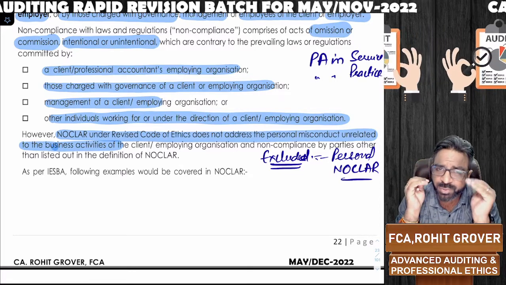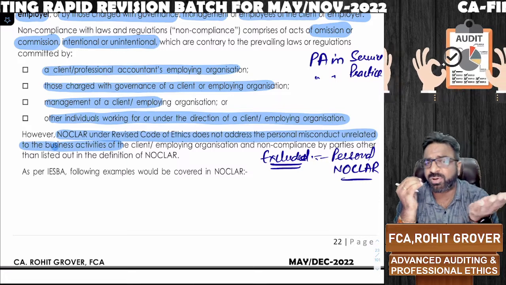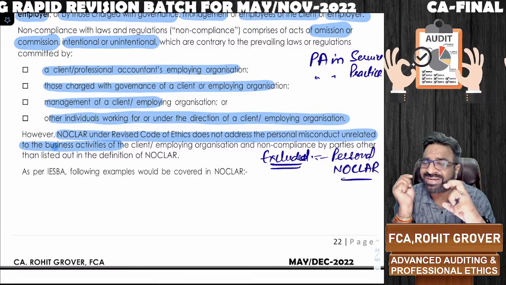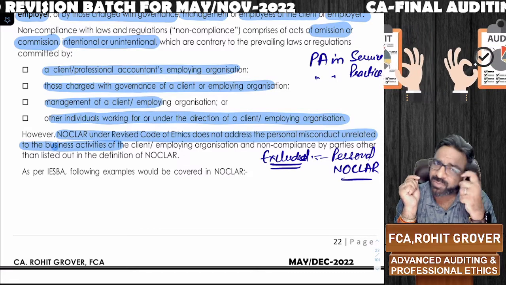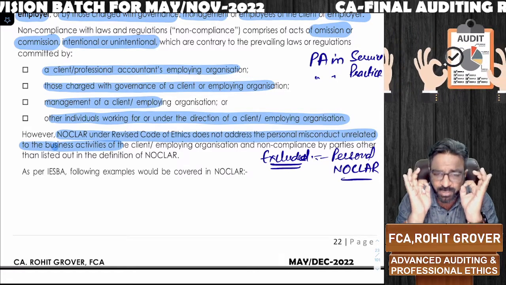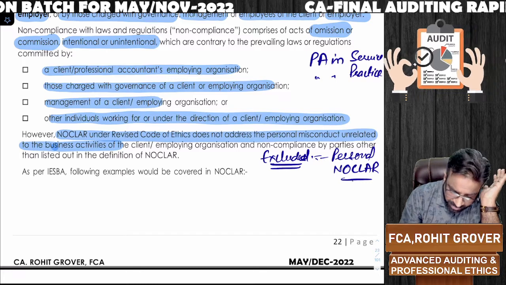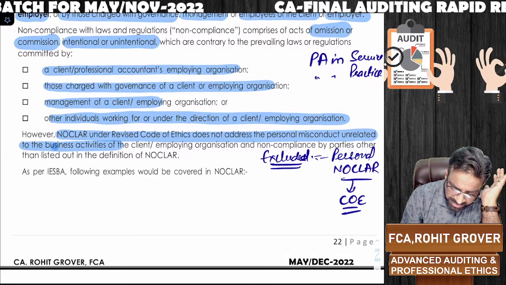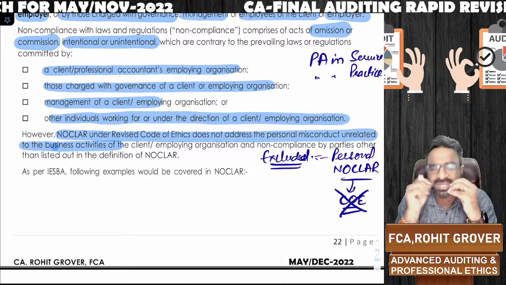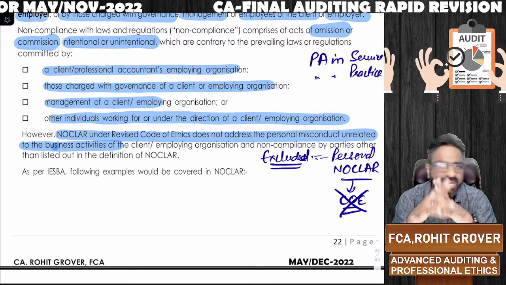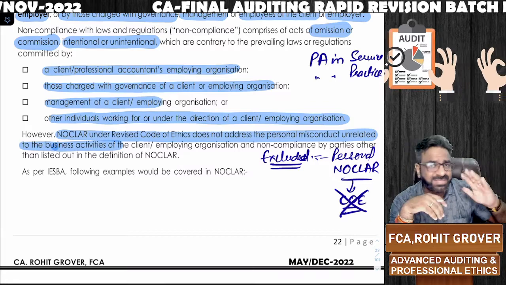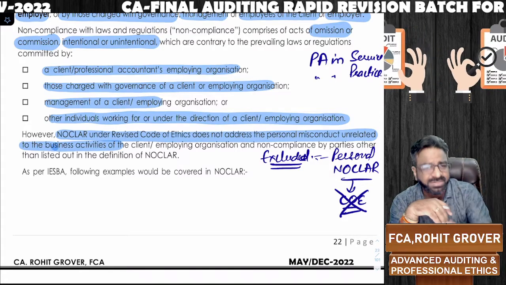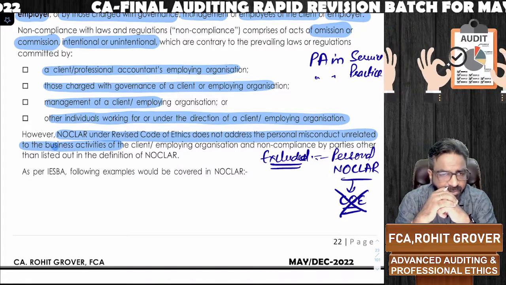We are only going to report those kinds of intentional or unintentional NOCLARs which are connected with the business of your client or the business of your employer. Personal NOCLARs are not covered in the code of ethics, not at all covered. Suppose one of the CFOs has not paid the taxes. That is his personal NOCLAR. That is not a business related NOCLAR. Are you getting the point or not?